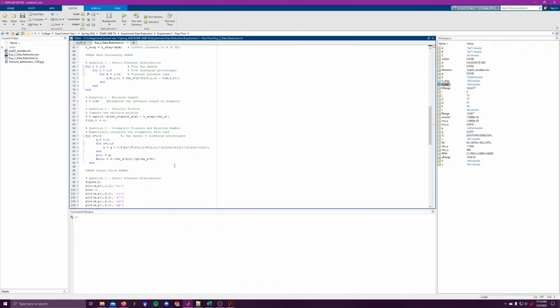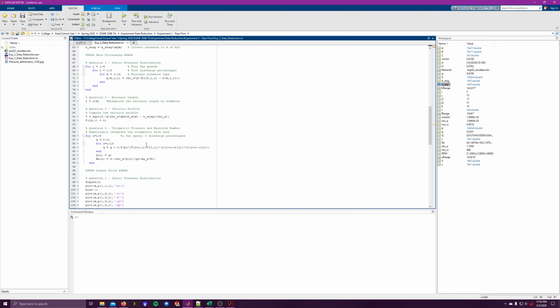So in Matlab, to calculate this, we're going to do this. So we're using for loops once again. So I have for I equals 1 to 5, because we had 1 fan speed, and then we had 5 discharge percentages. And then here I'm starting at Q equals 0, so I'm initializing my flow rate here at 0.